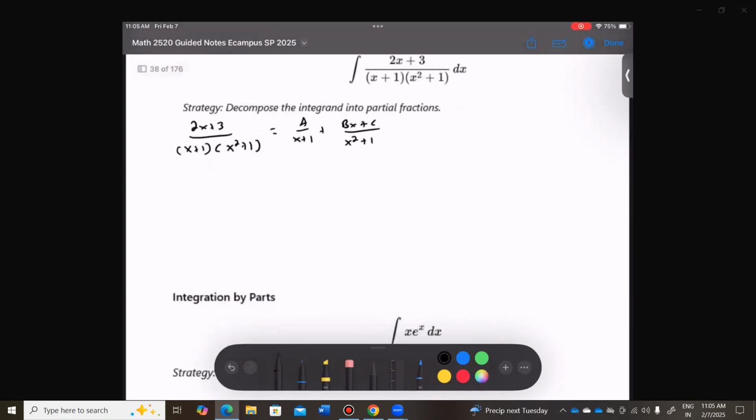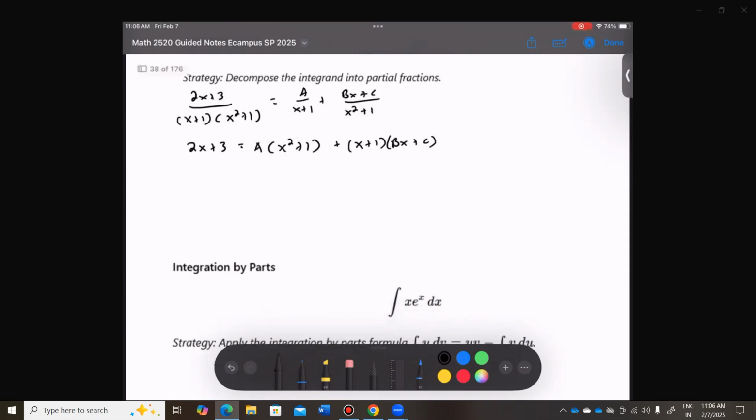Then you multiply by your common denominator, which is always the denominator of the original integral. And so when you multiply by that, you'll end up with, on the left, 2x plus 3. On the right, you have a times (x squared plus 1) plus (x plus 1) times (bx plus c).